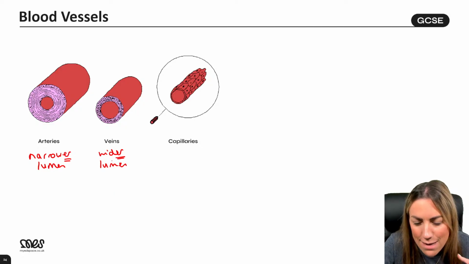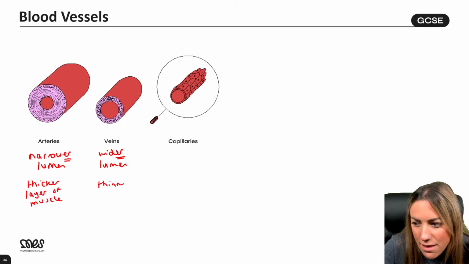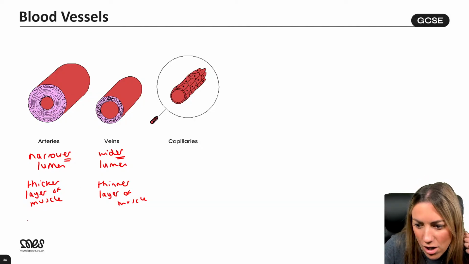I could do this in a table as well. Arteries have a thicker layer of muscle. Veins have a thinner layer of muscle, or just less muscle in the walls. Arteries have a thicker layer of elastic.